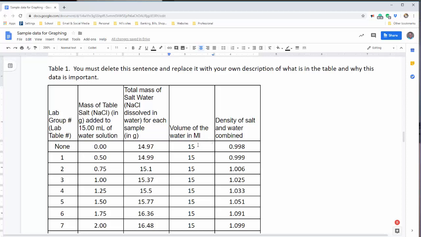Since the graduated cylinder is marked to the ones place, I need to estimate one more digit. And that doesn't mean just putting in a 0. It means actually estimating where the measurement is between the markings. So if it is on 15, they should be saying 15.0. Okay.